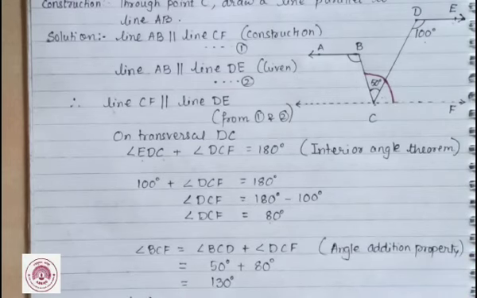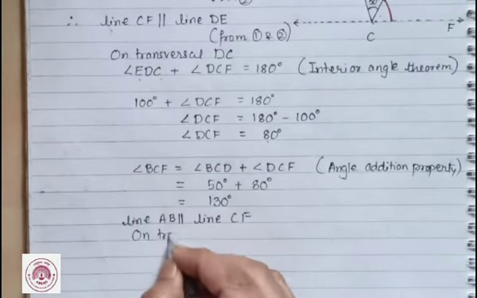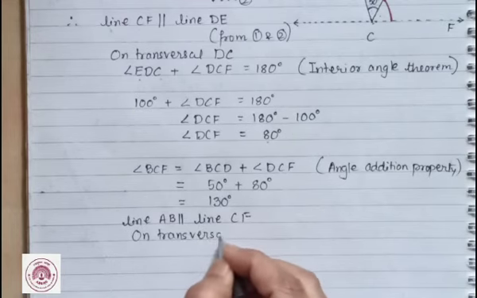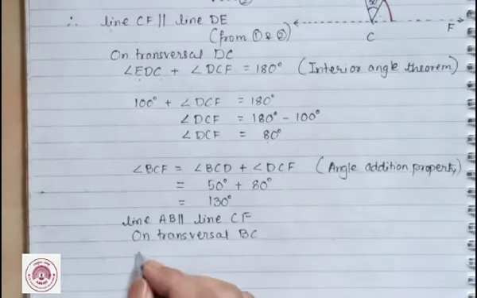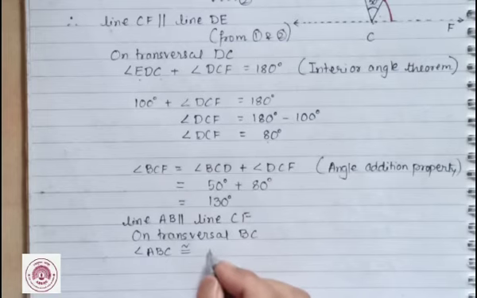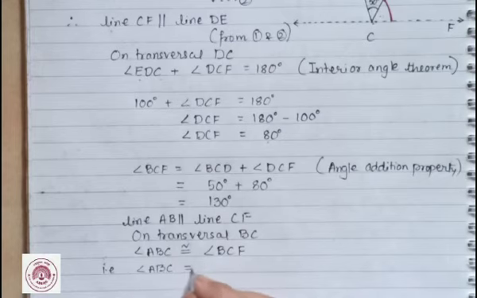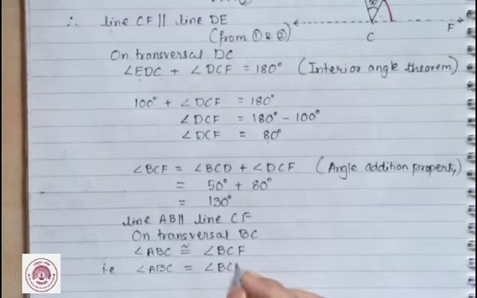Line AB parallel to line CF, then on transversal BC, angle ABC is congruent with angle BCF, that is, the measure of angle ABC is equal to the measure of angle BCF.